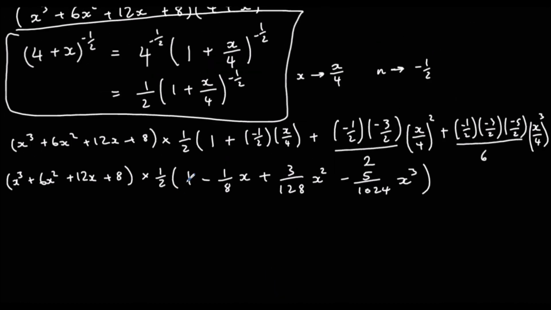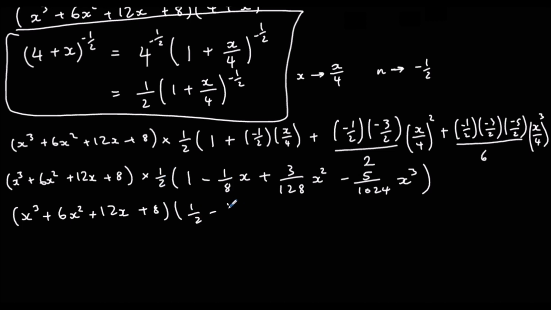So let's half all of these first. So we've still got our first expansion. Going to leave that as it is and just rewrite it. Then we've got to half all of the terms in our second expansion. So half of 1 is half.